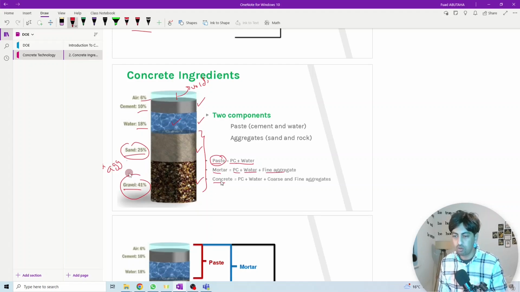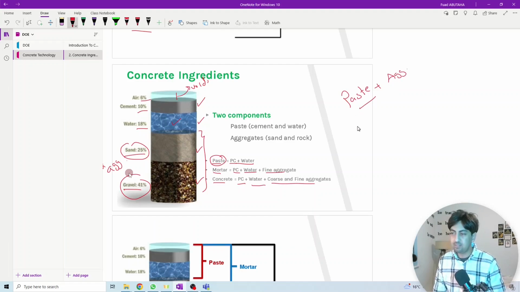The same goes for the concrete. Concrete is a mixture of Portland cement, water, coarse aggregate, and fine aggregate. In other words, concrete can be made by mixing paste plus aggregate only. How could this happen? Because paste is water plus cement. If we mix water with cement, then we start to call it paste.